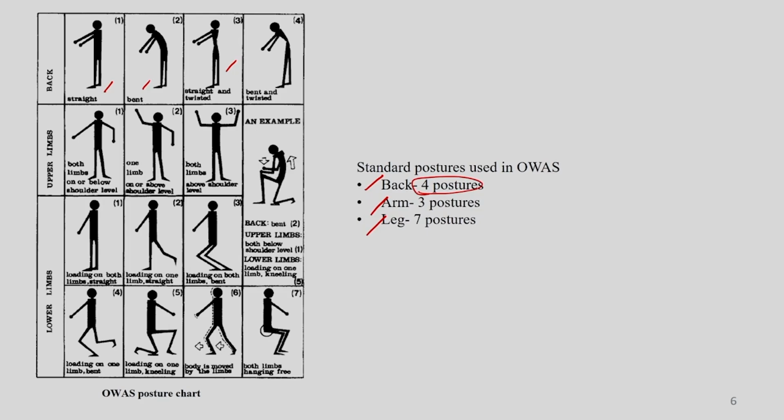So, arm: here we have 3 major postures. Both limbs on or below the shoulder level. So this is your shoulder level. If you are doing some activity below shoulder level, your shoulders are in a kind of resting condition, not getting any kind of stress, so you have a score of 1.